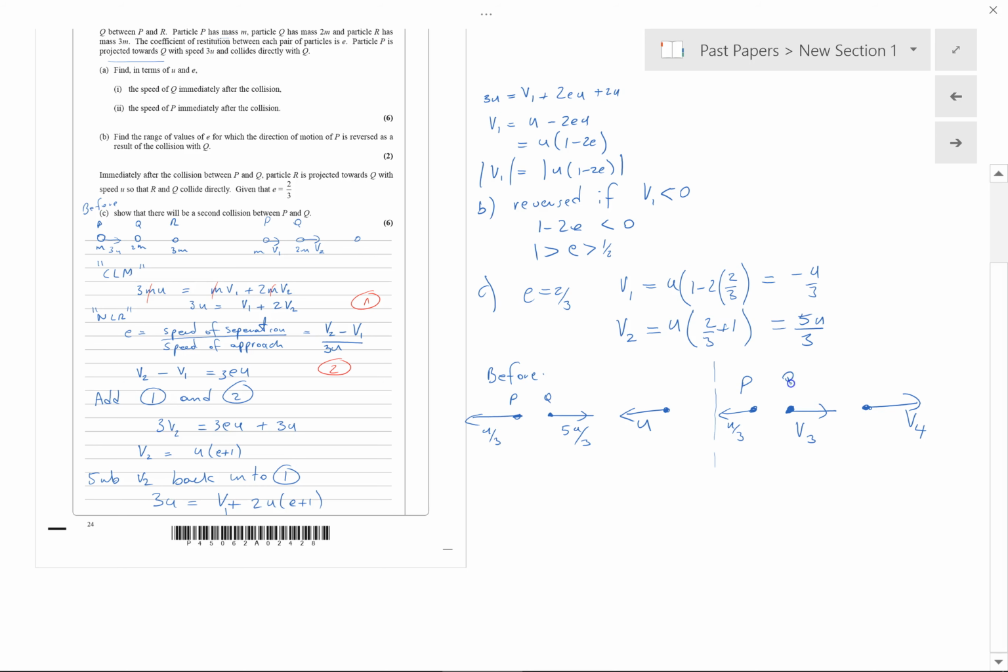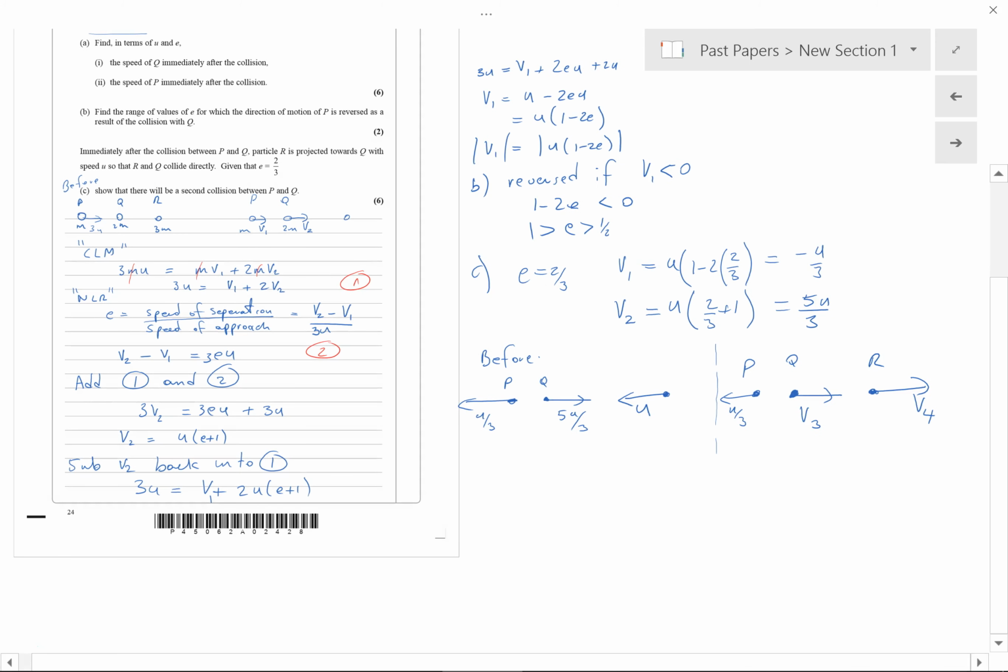I think it's probably easier that way. So we're going to assume V3 is still going in that right direction, V4 is still going in that direction, and set up equations which will conclude that in fact Q is going in the other direction, and if there's going to be a further collision, we would expect that speed of Q to be greater than U over 3. Okay, so that's what we're going to do.